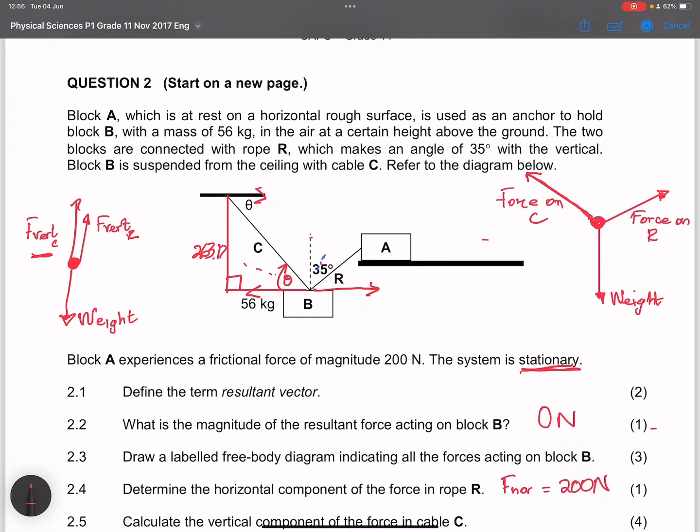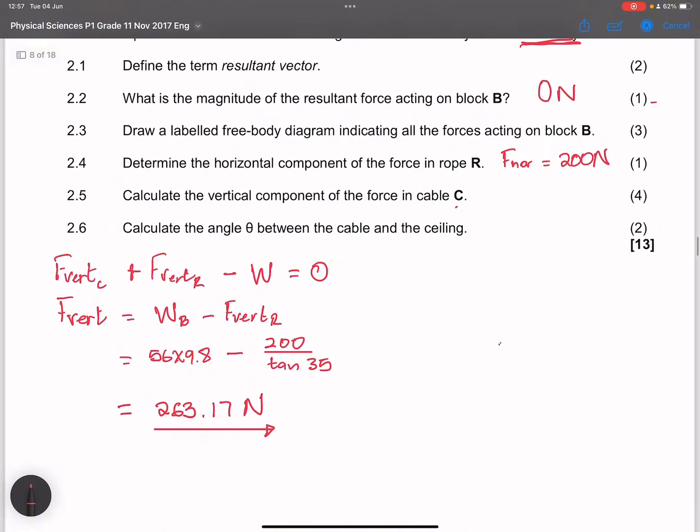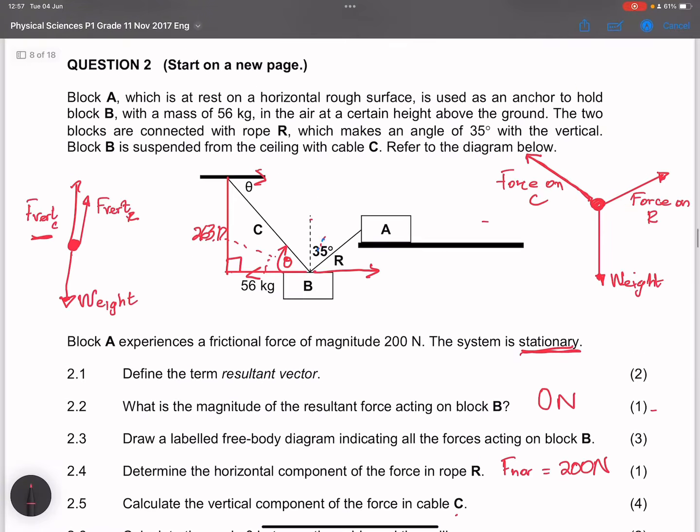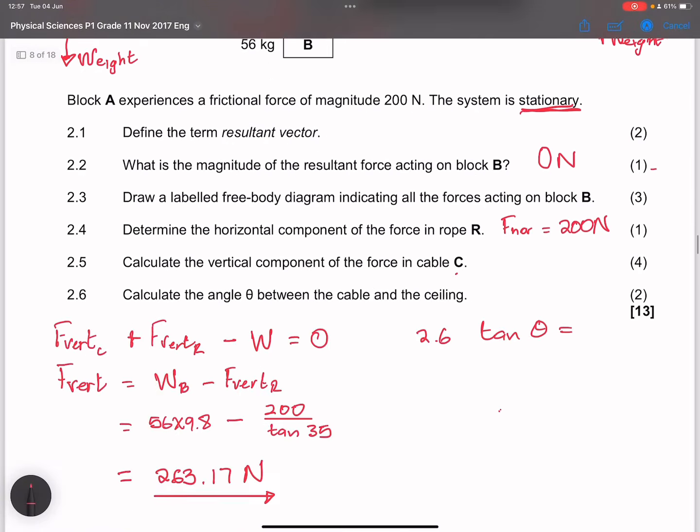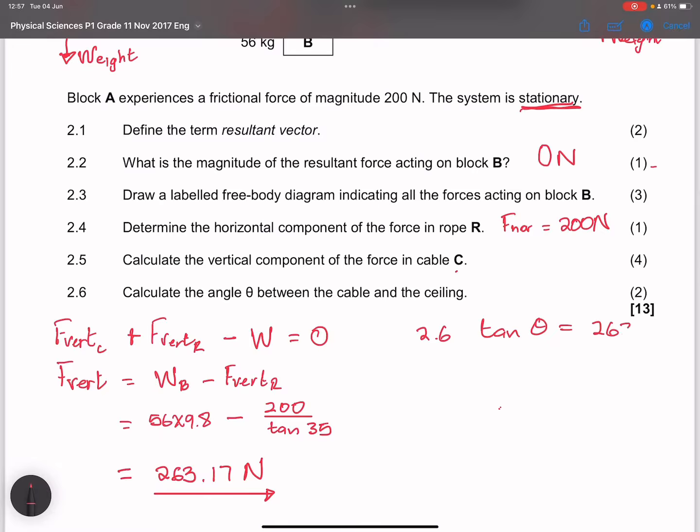So what do we have? We've got the opposite side, we've got the adjacent side. So all I'm going to say is tan of theta will be opposite, the vertical component, 263.17, divided by the horizontal component, which is 200. And so theta will be equal to the arc tan of 263.17 divided by 200.